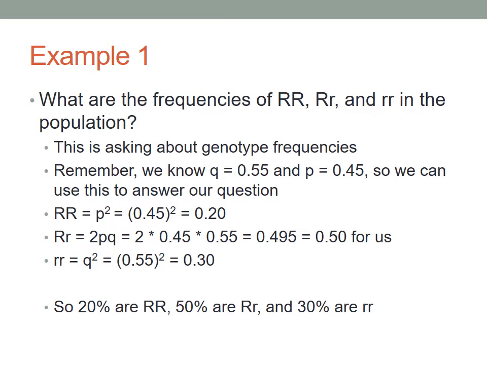This means that 20% of our population is homozygous dominant, big R, big R. 50% are big R, little r, they're heterozygotes. And then 30% are homozygous recessive, little r, which if you went back to the last slide, you would discover that's what we found, that 30% of our population was green and 70% was red. So this is right.